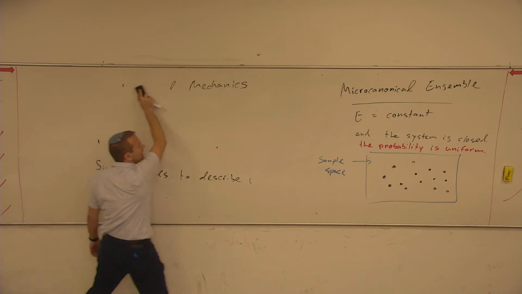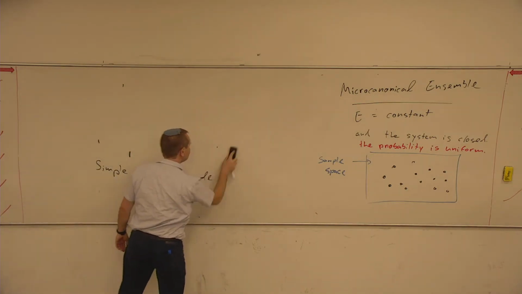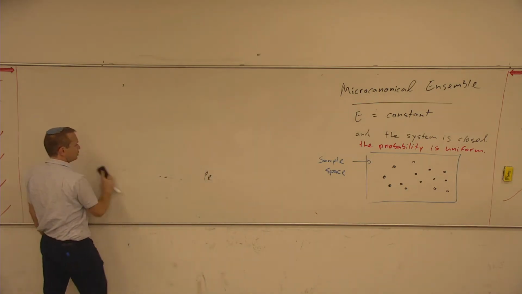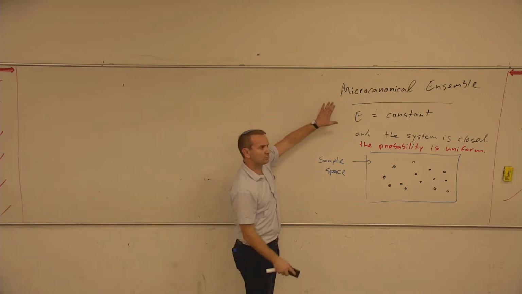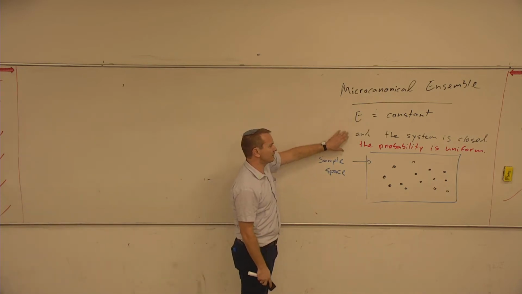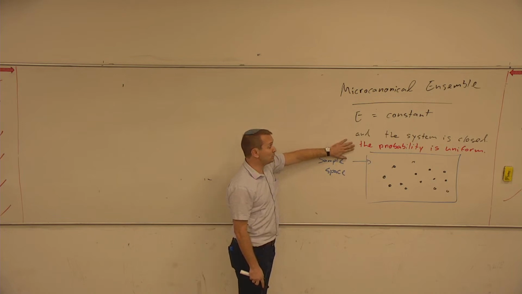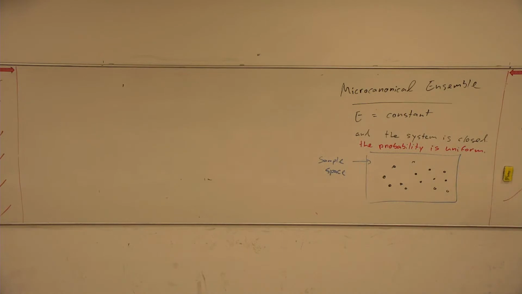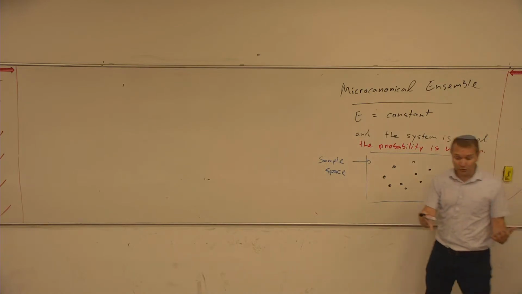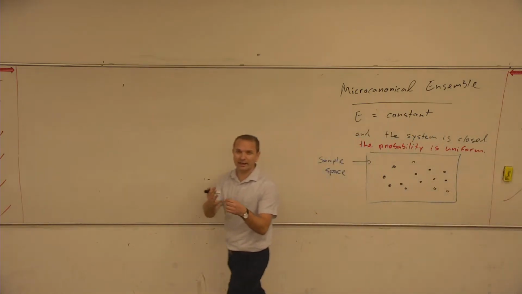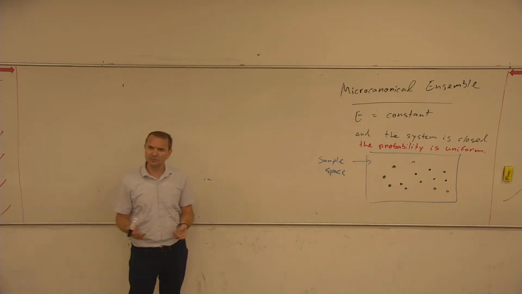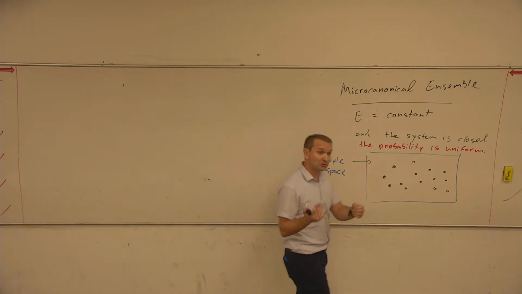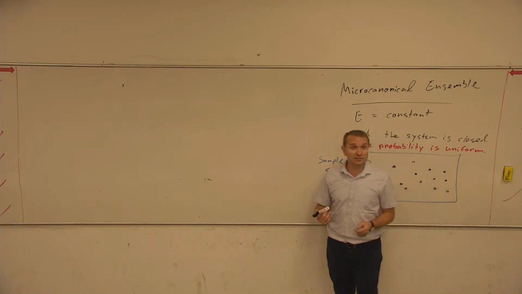And my goal now for the microcanonical ensemble is to use this information, constant energy, constant everything, and use this probability as uniform somehow to explain what I'm actually doing. How can I obtain the temperature of the system, right? What is the entropy, what is the pressure inside the system?